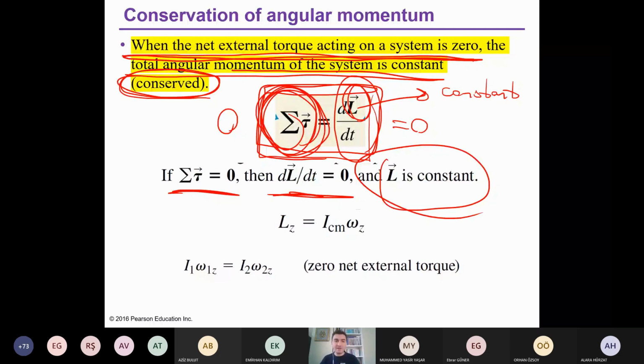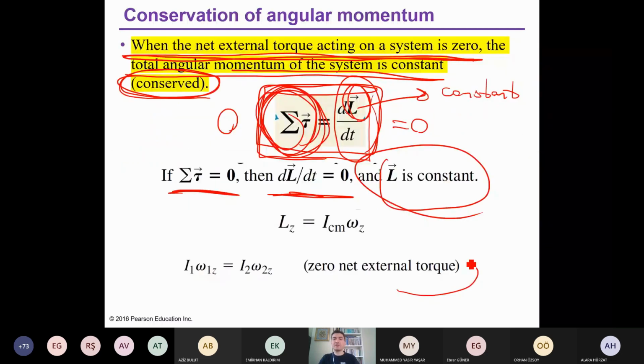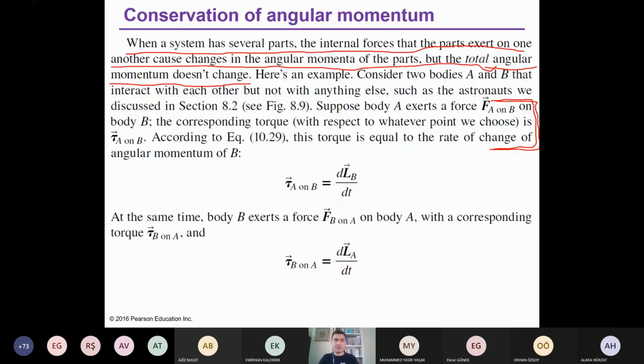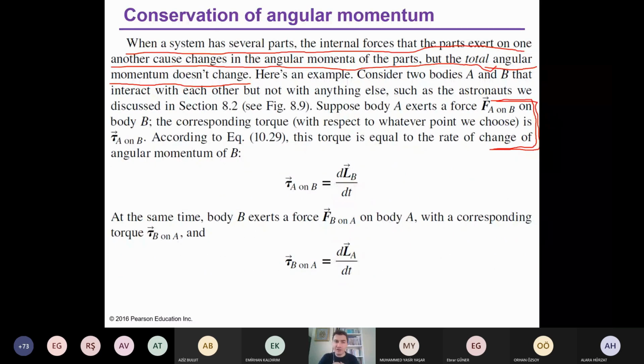Now, let me discuss another situation with the angular momentum. Here we are discussing the net external torques, okay? What about the internal torques? Actually, we have discussed this one in chapter 8, okay? Two astronauts, isolated from external sources, are applying force on each other.